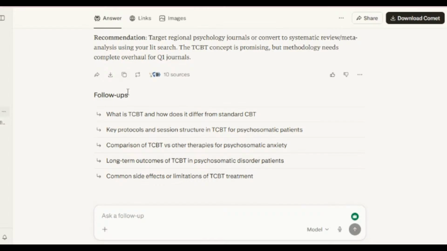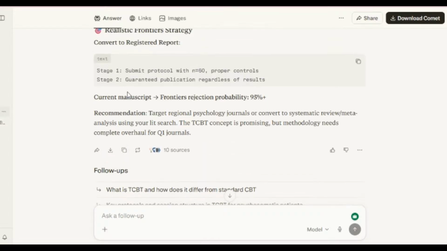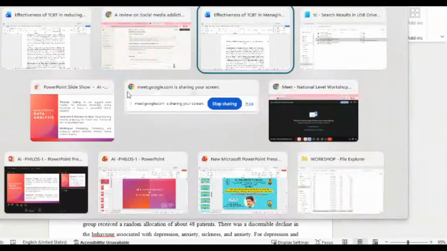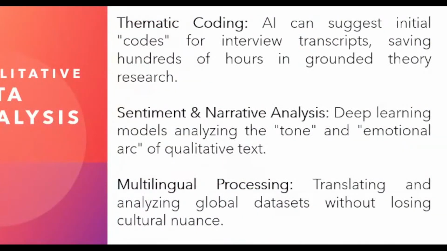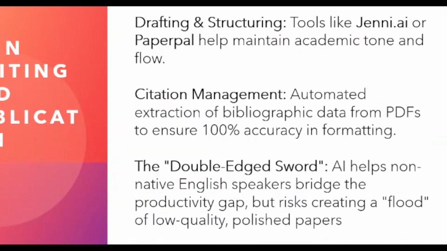Okay, you can go back again to our slides. Now, AI in writing and publication. The first one, drafting and structuring.